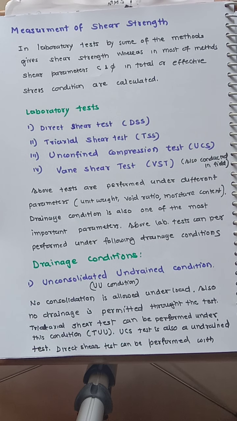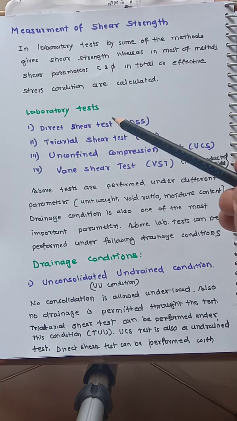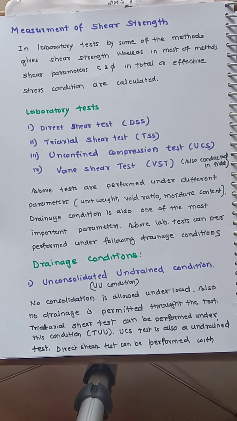Shear strength can be measured in the laboratory as well as in the field. Here laboratory tests are given. Most of the tests give the parameters C and phi, while some tests give the direct shear strength.